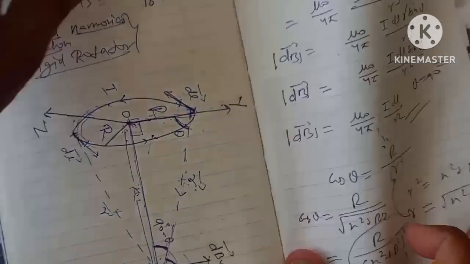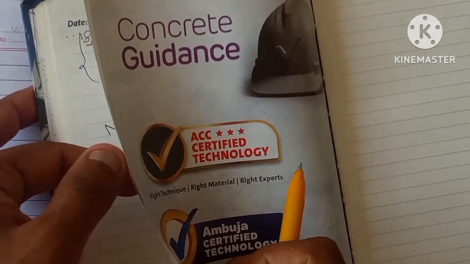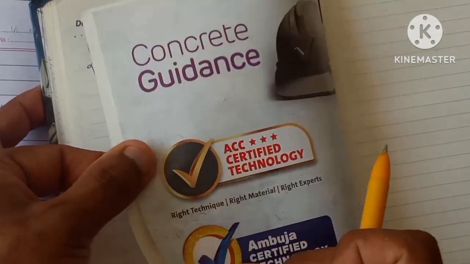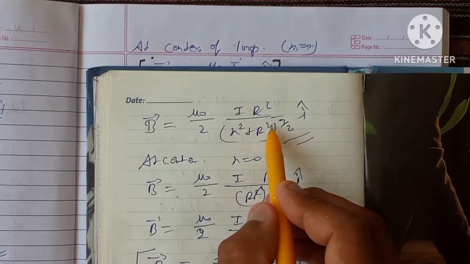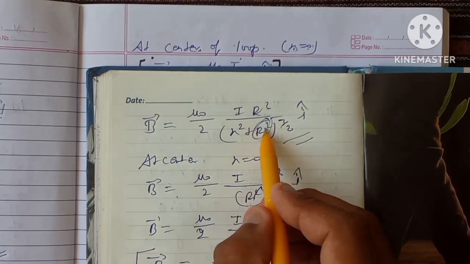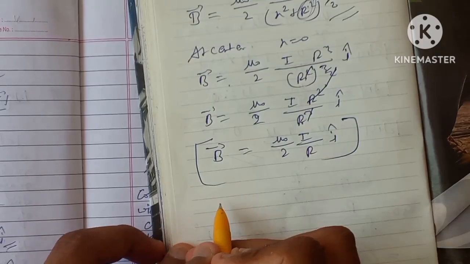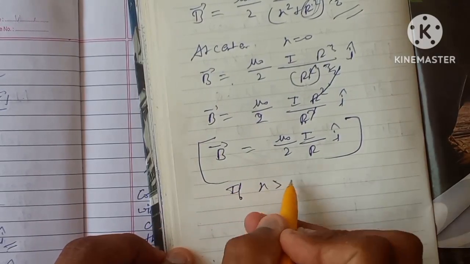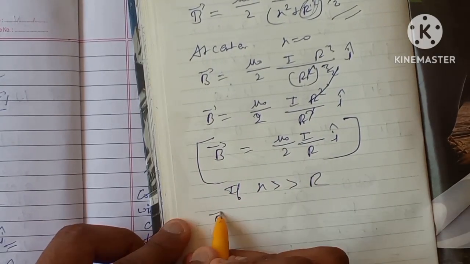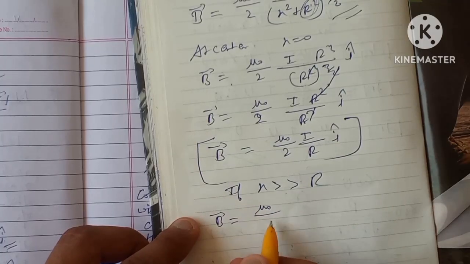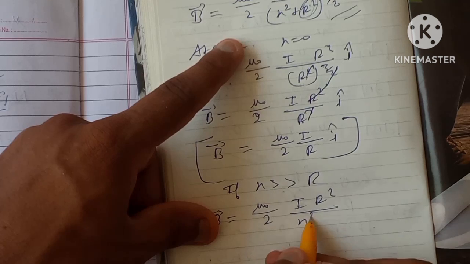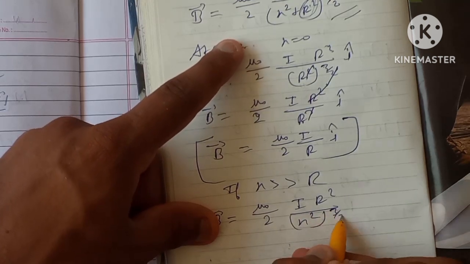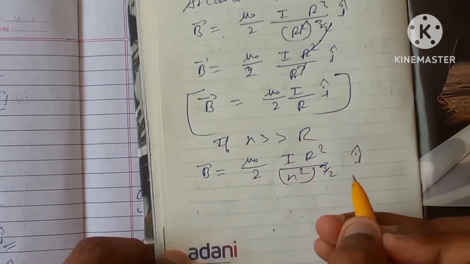In my expression, since this was my final expression, let us neglect this R and put R as 0. So what you will get if x is very much greater than R: B vector is equal to mu naught divided by 2, I capital R square divided by x square to the whole power 3 by 2, in I cap direction.